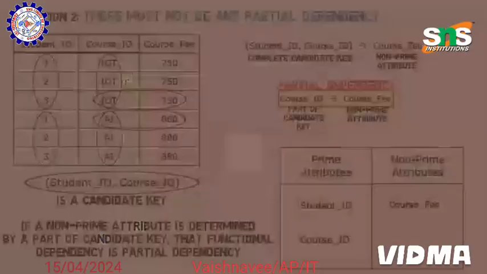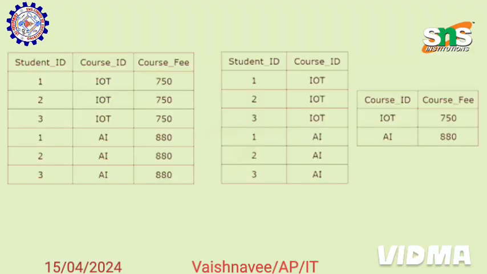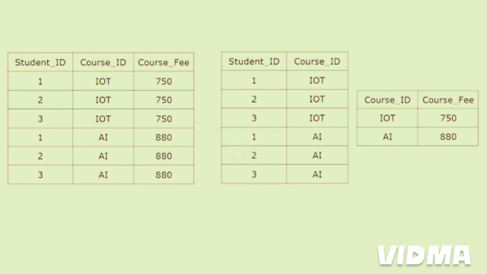To eliminate this partial dependency, we split this one table into two. What does eliminating partial dependency do? It reduces redundant data from getting stored in memory. Imagine there are thousands of students and records of these students are stored.